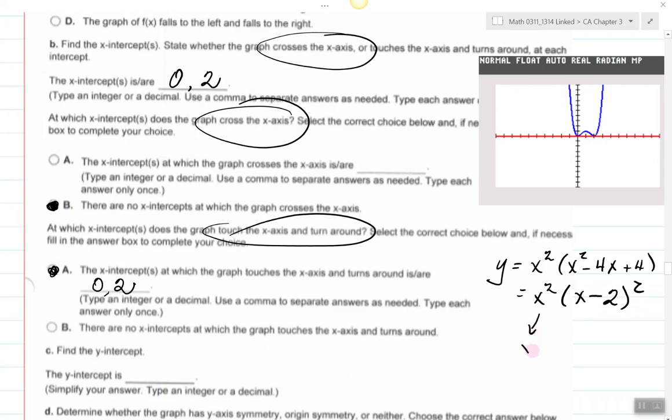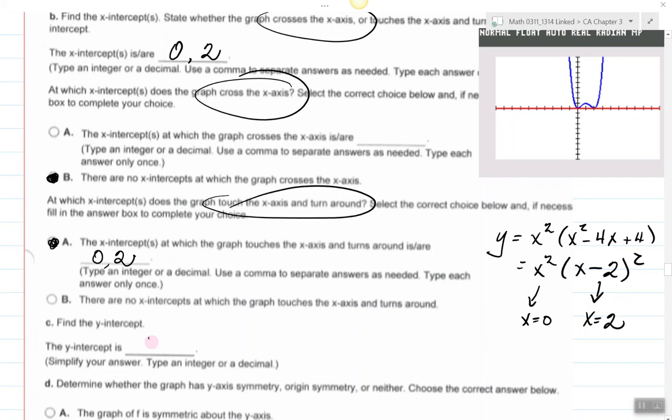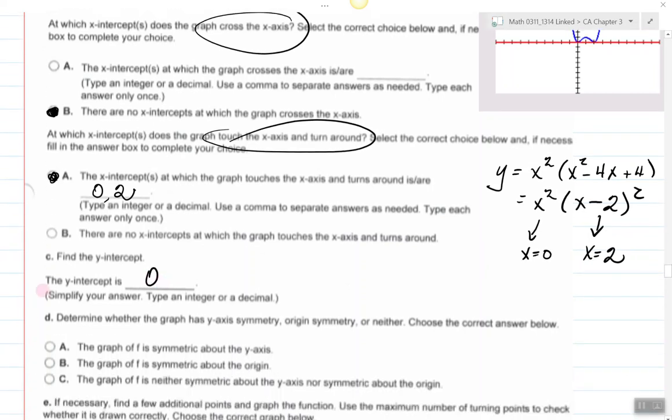This represents x equals 0, and it's a multiplicity 2. That means it touches. This one gives us x equals 2, but it's multiplicity 2, so it touches. The y-intercept is 0 also.